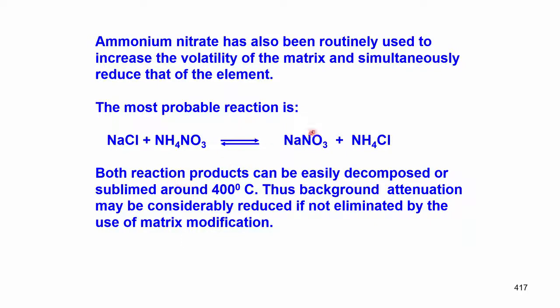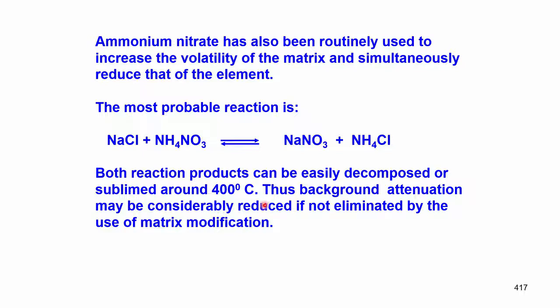Both the reaction products are removed at 400 degrees, whereas if you had taken sodium chloride alone, you would have needed 800 degrees. If you just add a little bit of ammonium nitrate, both these products can be removed at 400 degrees only. So, these are the typical chemical considerations that are required in atomic absorption measurement of typical elements.